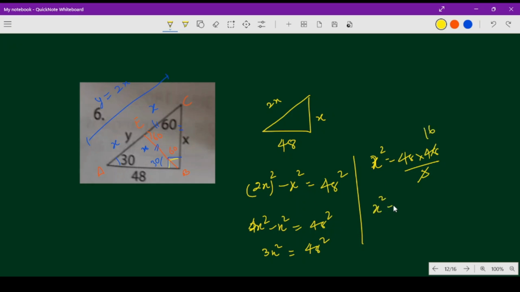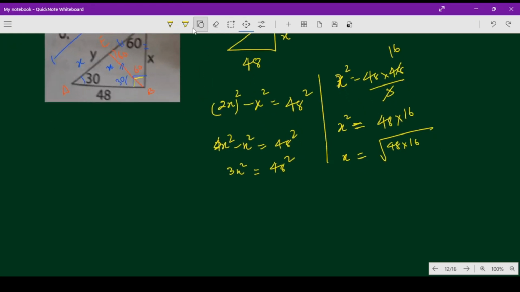So x square is equal to 48 times 16. So we can find the value of x as the root of this 48 times 16. Just need to solve this. Upon solving this, 48 is nothing but 3 times 16, right?